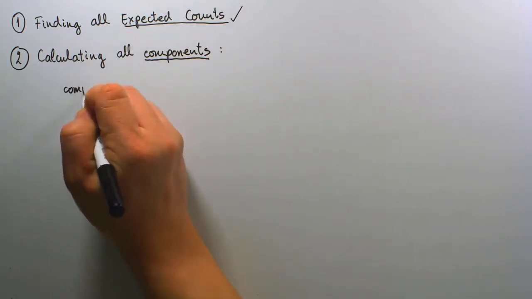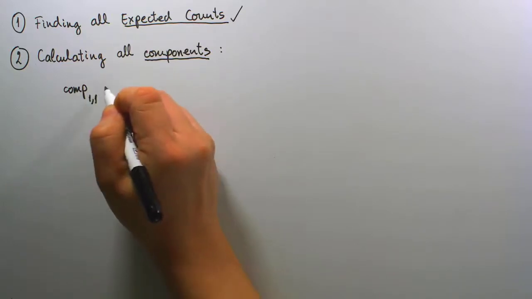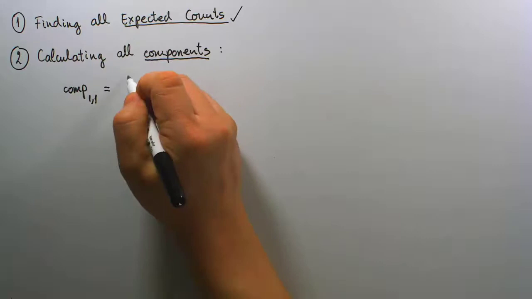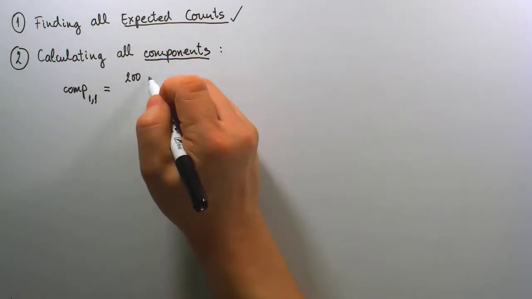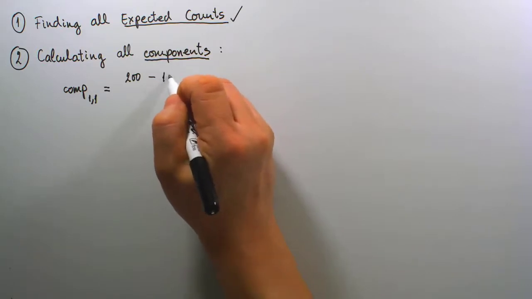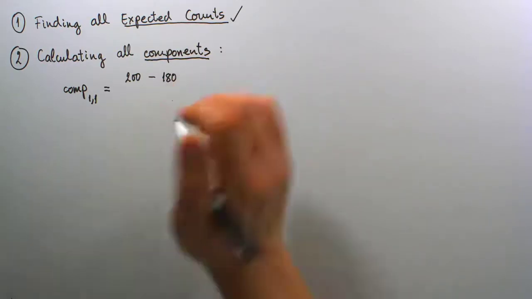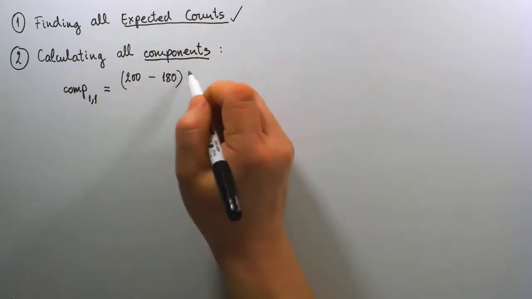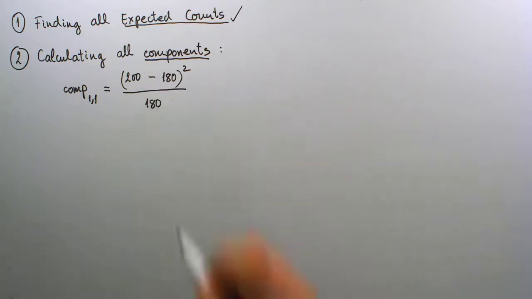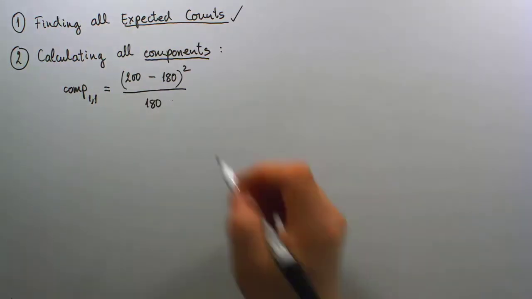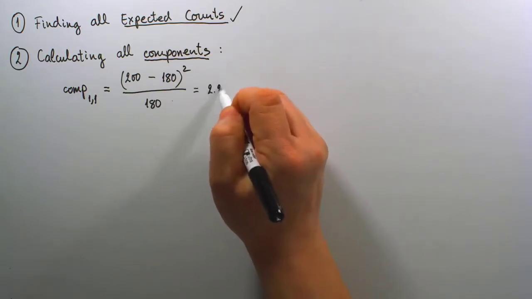Component in row 1, column 1 is 200, the observed count in row 1, column 1, subtract 180, being the expected count in row 1, column 1. Square the difference there and divide it by 180. My calculation came out to be 2.22.